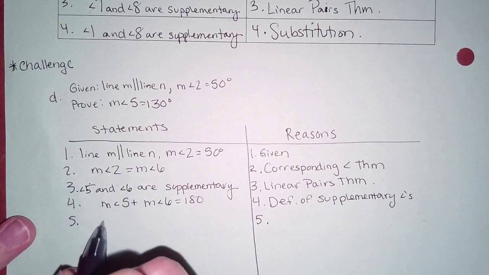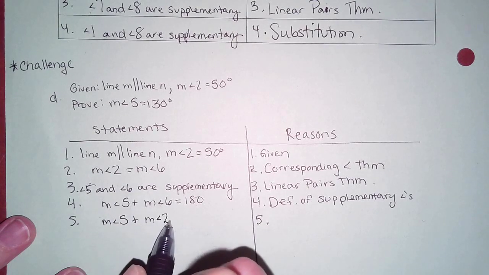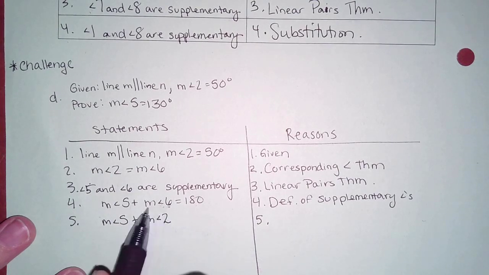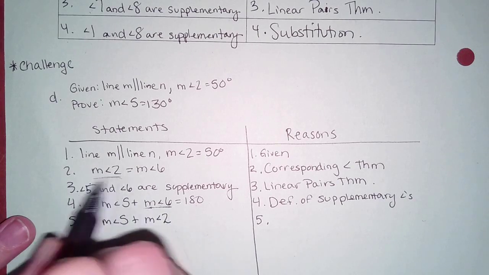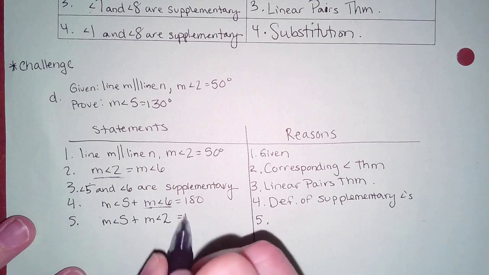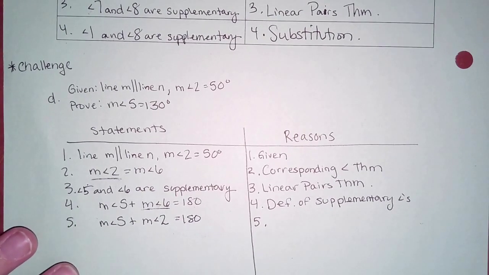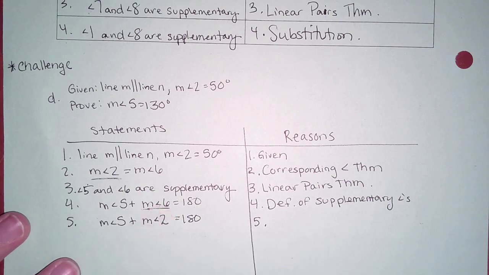So I can say measurement of angle 5 plus measurement of angle 2 here. I'm replacing the angle 6 with angle 2 here. And this equals 180. All I did was substitute 2 in for 6. So substitution.